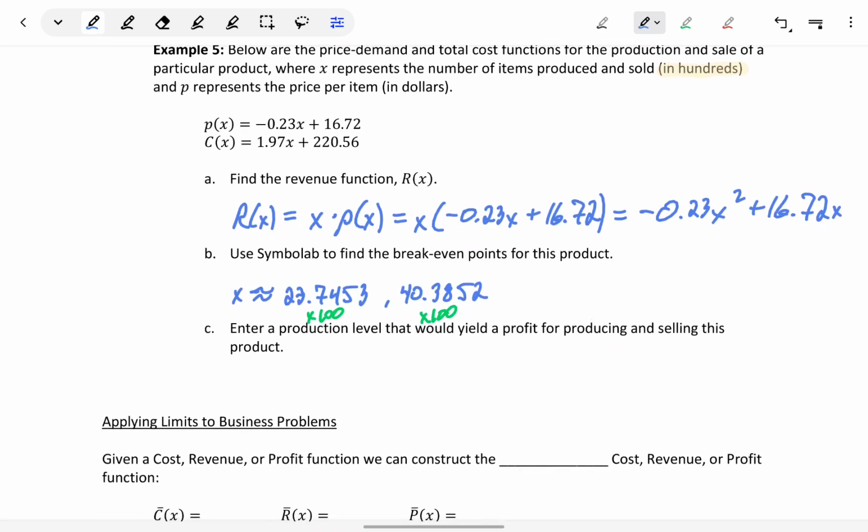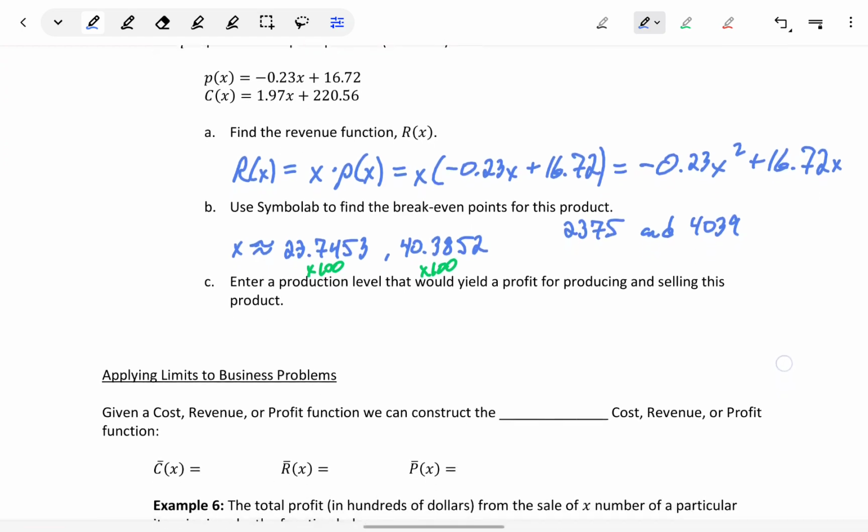So our break-even points will be at production levels of 2,375 units, rounding that to the nearest whole number since we're talking about units produced, and 4,039. So we'd have break-even points if we're producing 2,375 units or 4,039 units.